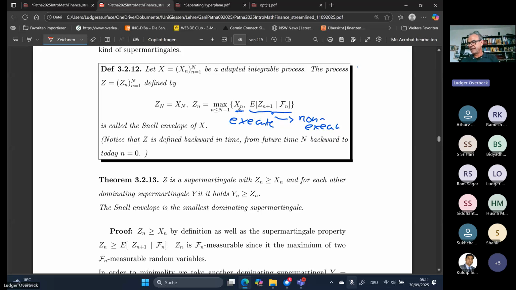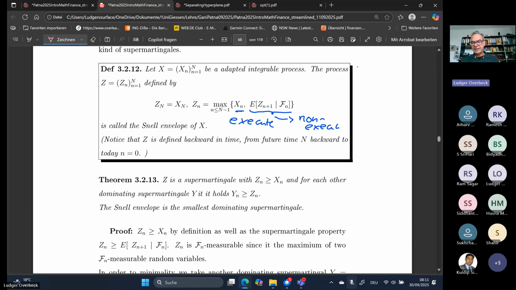You start with an xn, which is a payout if you exit at time n, and Zn is a Snell envelope. It's the smallest dominating supermartingale. Supermartingales are decreasing on average. And you see this is defined backward in time, which happens quite often in mathematical finance.